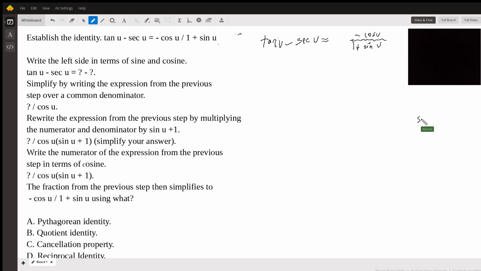So one of them is that the tangent of x, I'm going to use x here, tangent of x is sine x over cosine x. And another identity we're going to use is that the secant of x is 1 over the cosine of x.